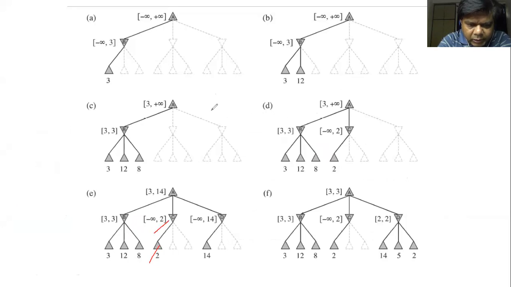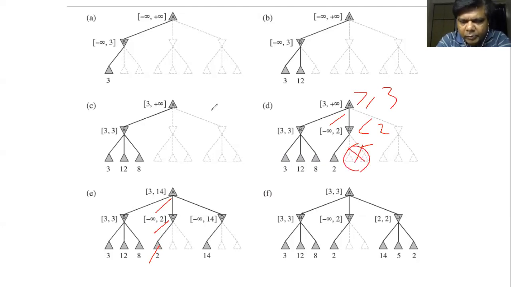The bounds are like this, minus infinity and 2. और उसका मतलब है कि ये वैल्यू यहाँ पे थे हम, तो यहाँ पे 3, इसका मतलब था कि this was greater than 3, और इसका मतलब है less than equal to 2। तो इसका मतलब हो गया कि we need not explore them more. So this is pruning. So this is beta pruning. We have pruned because of beta value.